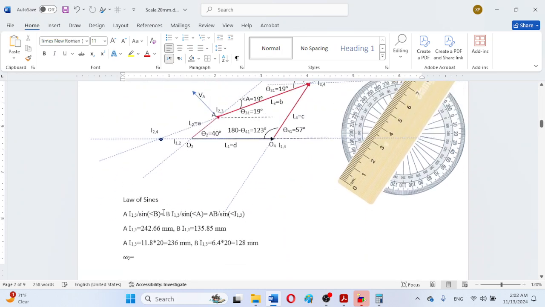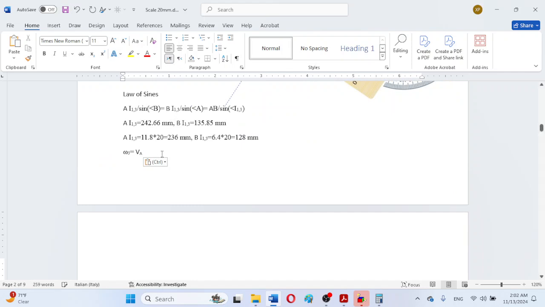So omega 3 will be equal to v subscript a divided by the length A I1,3.